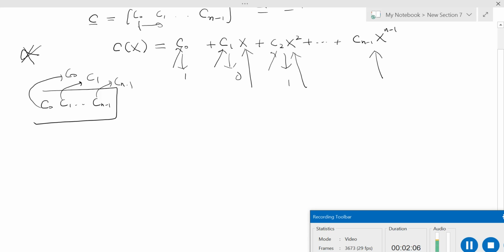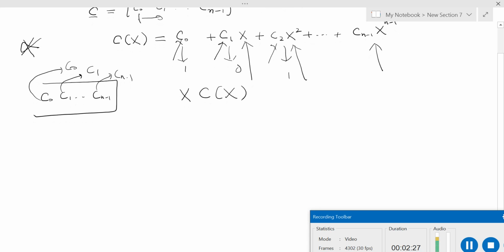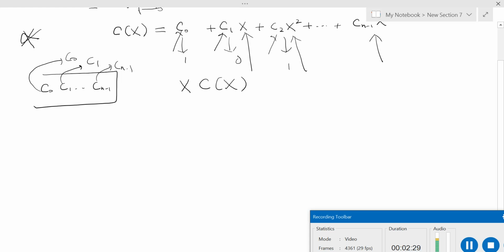Now what exactly it means is that if you want to shift this code's bits to the right by one bit, you should just multiply x by c of x. When you multiply x by c of x, it is equivalent to shifting.